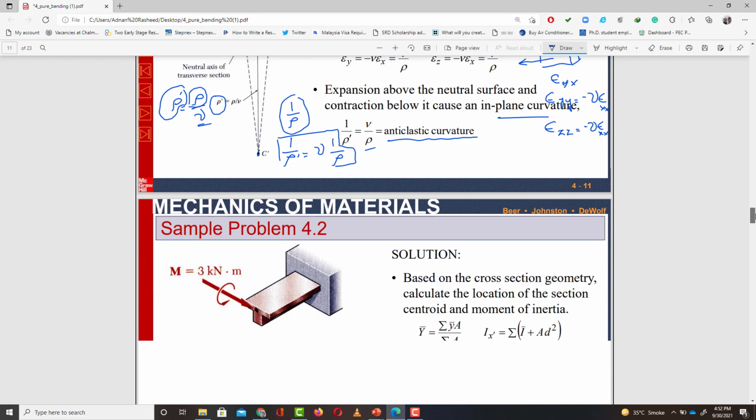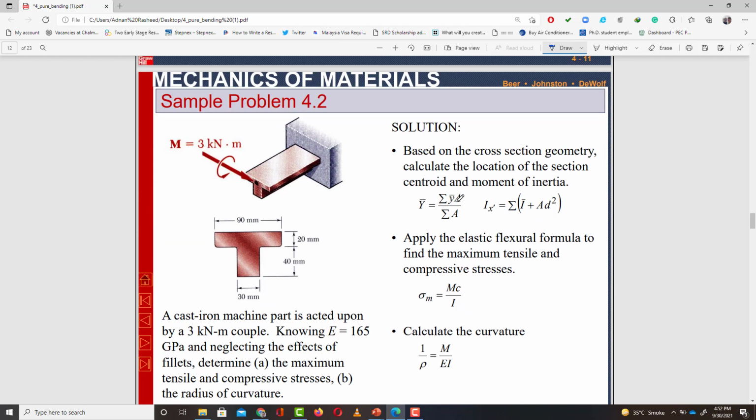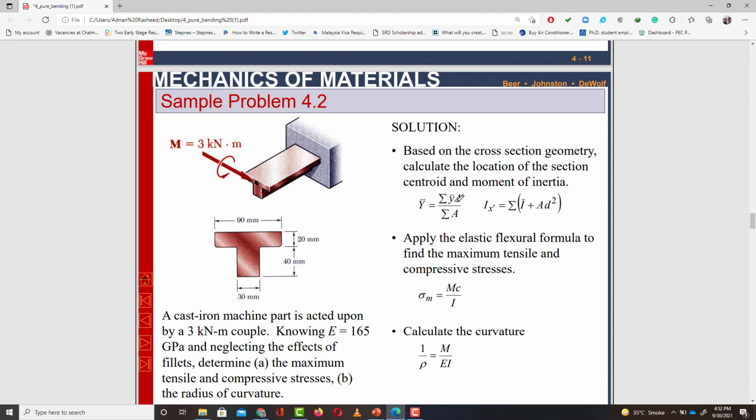Next we will move to a sample problem. This problem is already solved by me in my problem videos, but I will go through it here again. You can see this is a member that is fixed at one end, and the moment is given over here, that is 3 kilonewton. Due to this moment, this will tend to bend.